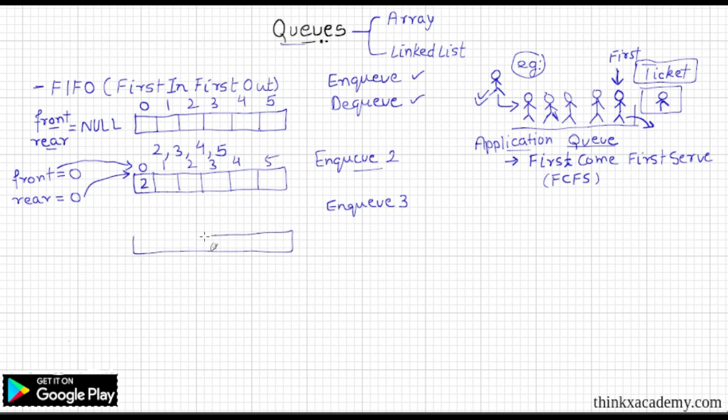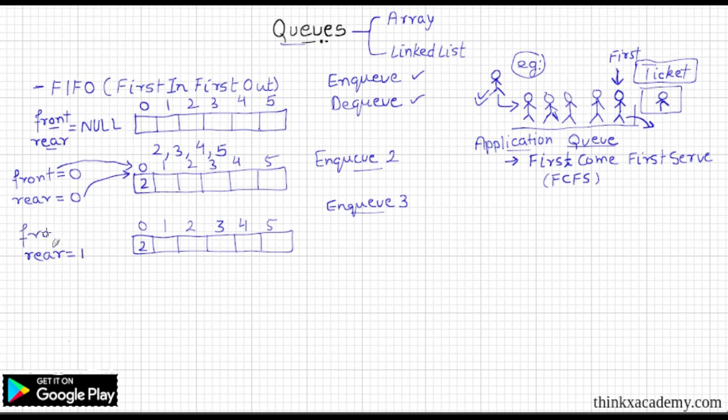So let's see how our array, or how our queue, will look after the insertion of 3. 2 is already there, and these are the index positions. After insertion, the value of rear will get increased by 1.